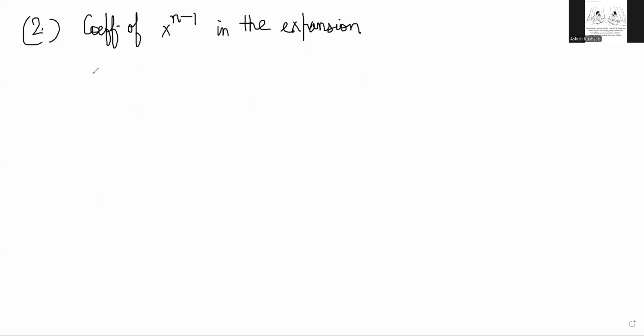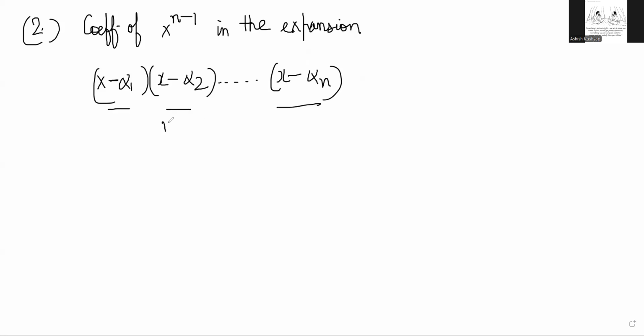In the expansion (x minus alpha 1)(x minus alpha 2)...(x minus alpha n), right? So think about it. There are so many linear factors, n linear factors.